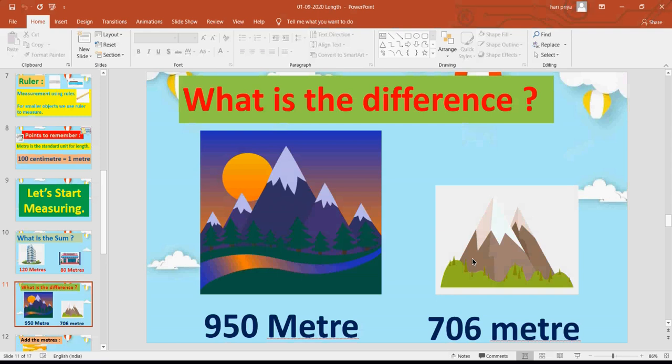Whenever you are writing the answers, you should write along with the units. So if the answer is 244, you should write 244 meters. The units are very important, just like the answer is very important.